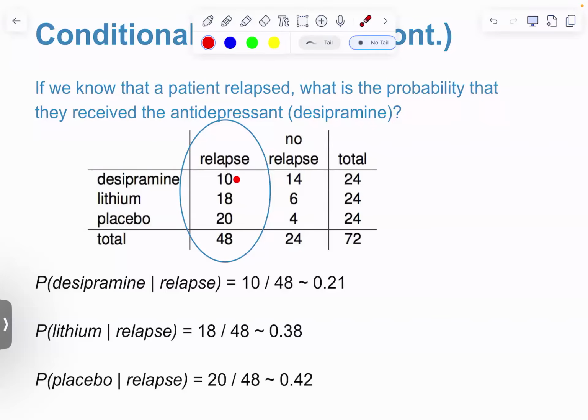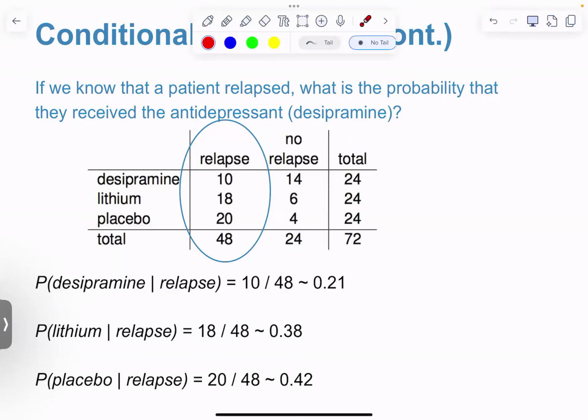No, the probability of being in a group, knowing that they relapsed, which is slightly different. Right? So if we know that the patient relapsed, what's the probability that they received the antidepressant, desipramine? So then if we know that they're in the relapse group, that restricts us to this 48, and then we can find each of the probabilities.